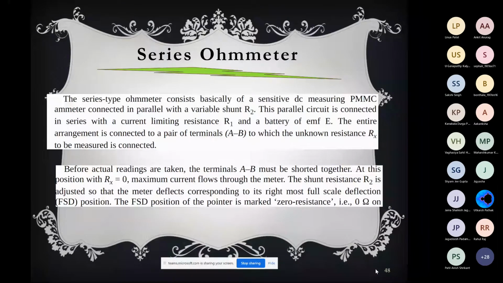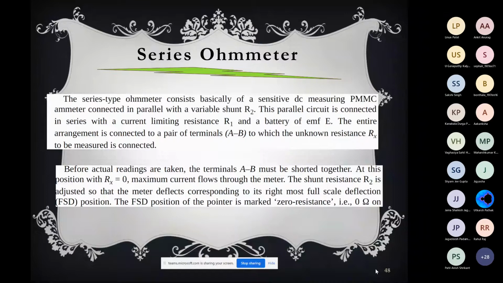The entire arrangement is connected inside a box, and a pair of terminals A and B come out, and the unknown resistance Rx should be measured by connecting its two terminals to the two points A and B.